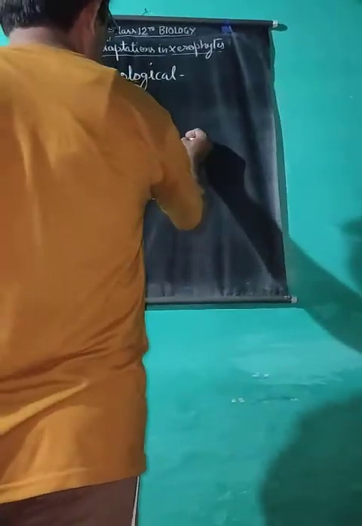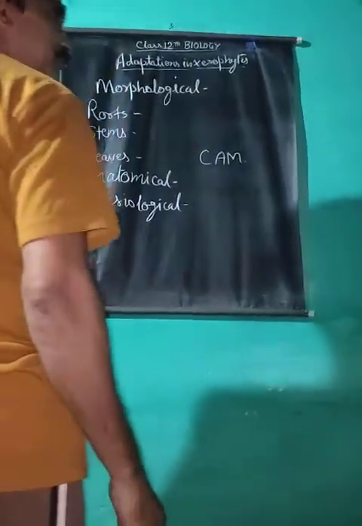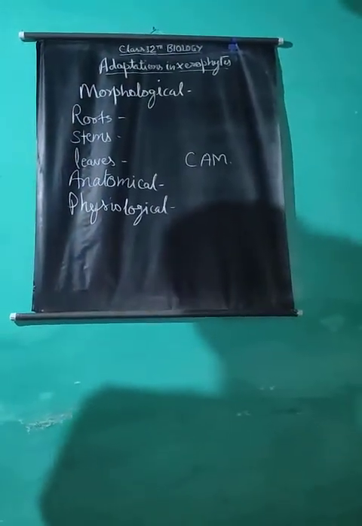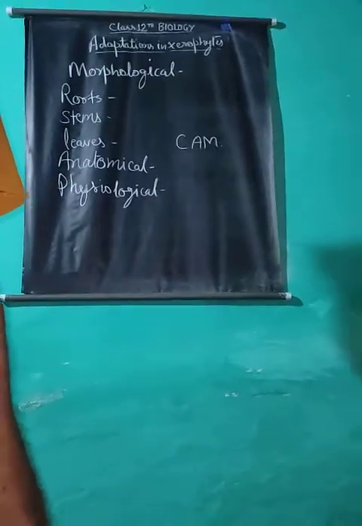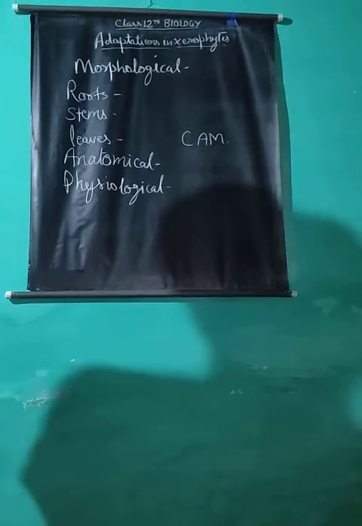In CAM plants, last year you have read about the crassulacean acid metabolic cycle, which is a part of photosynthesis. C3 cycle, C4 cycle and CAM cycle. This cycle is found in succulent plants.